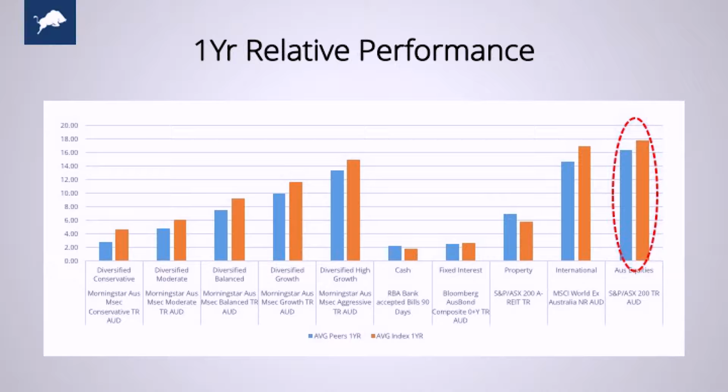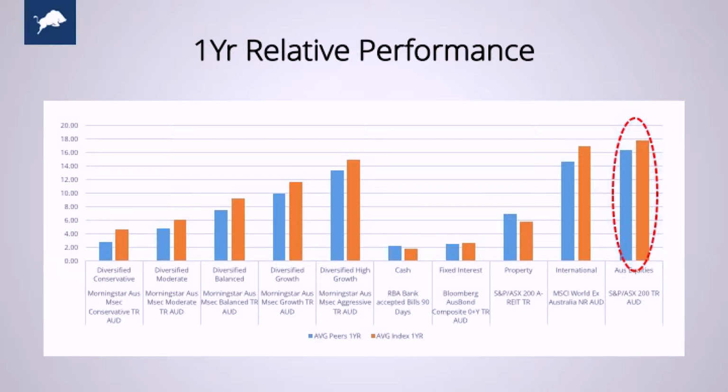Australian equities is represented by the standard index benchmark that a lot of people use, which is the ASX 200. The international is represented by the MSCI World ex-Australia index. The property is our ASX REITs. And then we've got fixed interest and cash.